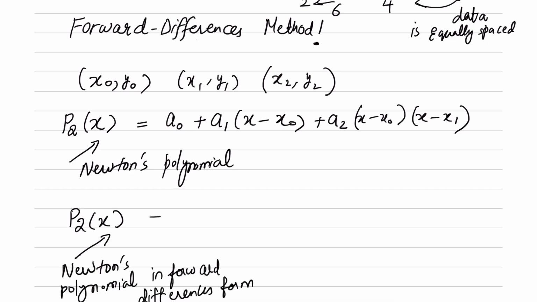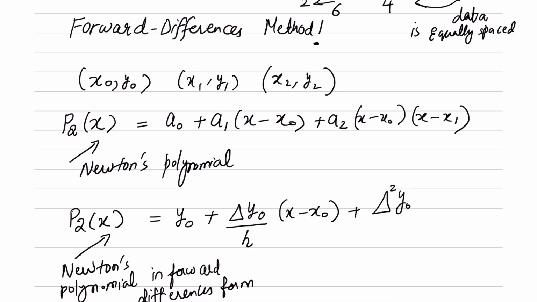So a naught in forward differences operator is y naught. A1 in forward differences operator is forward y naught over h, times (x minus x naught). A2 in forward differences operator notation is forward square y naught over h square 2 factorial, times (x minus x naught)(x minus x1).